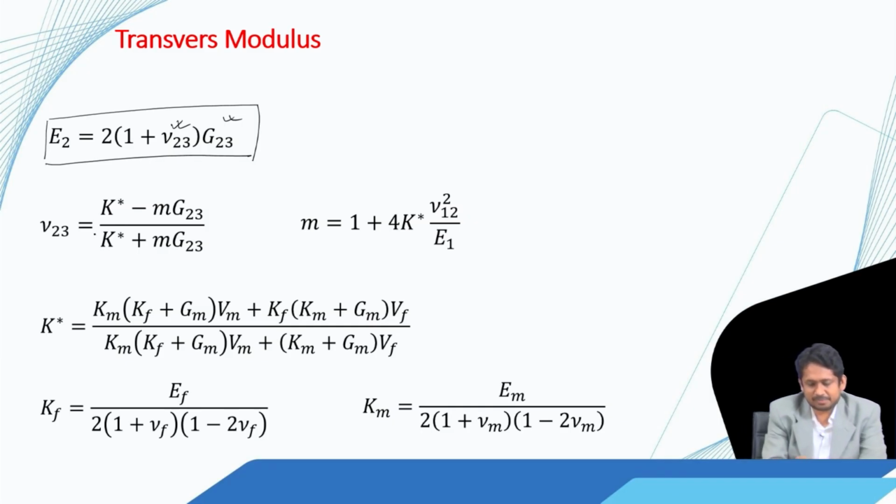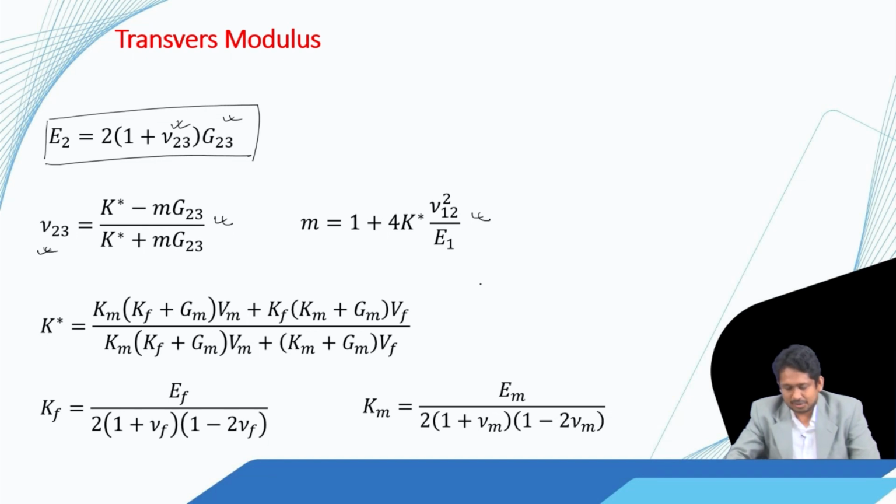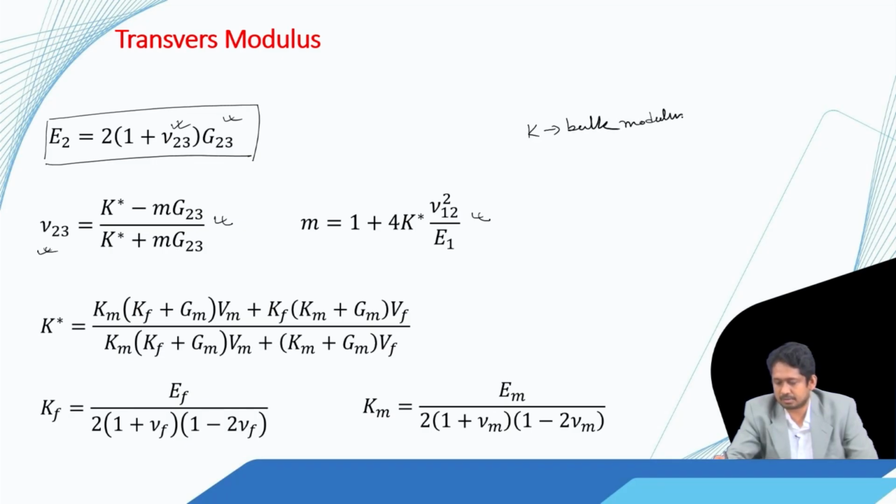Now, this Poisson's ratio nu 23 can be written as this, where m again can be written as this. So, ultimately in this expression we are introducing another unknown, which is k star, and m is also a function of this k star, where k denotes the bulk modulus.